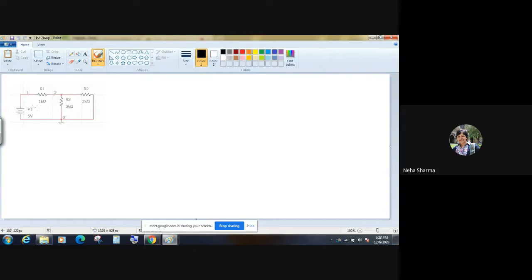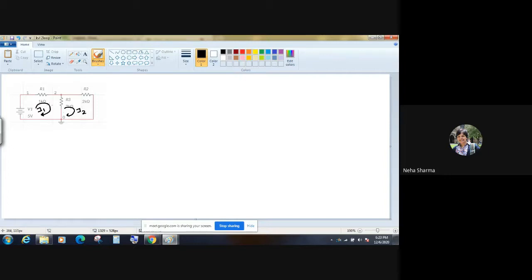In these individual loops, we define the mesh currents because I'm trying to solve the circuit using mesh analysis. So I define a mesh current here. It flows like this. I am assuming that it is I1. In the second loop, we assume the current is flowing like this, and it is I2.